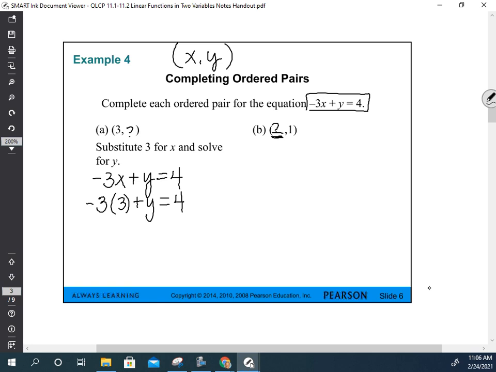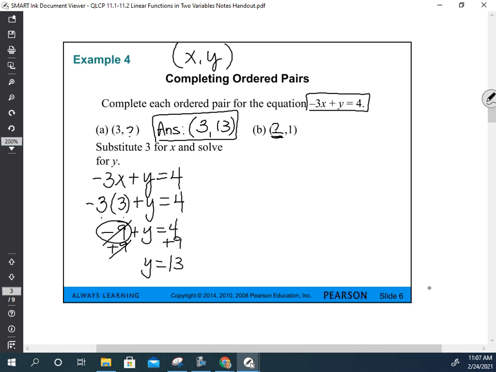Multiply negative 3 times 3, and that gives us -9. Now, we still need to get y by itself. Add 9 to both sides. So y equals 4 plus 9, which is 13. So our answer is 3 comma 13. Fill in the blank.